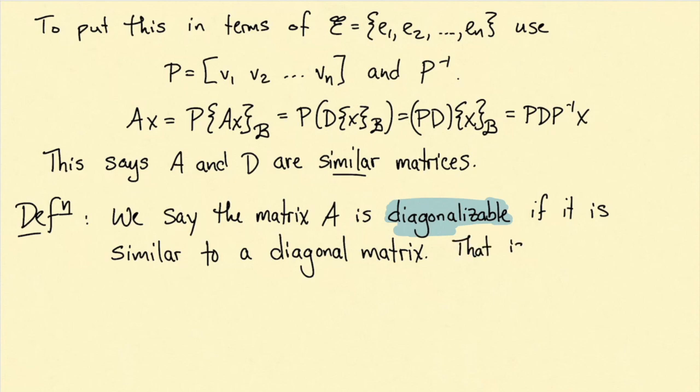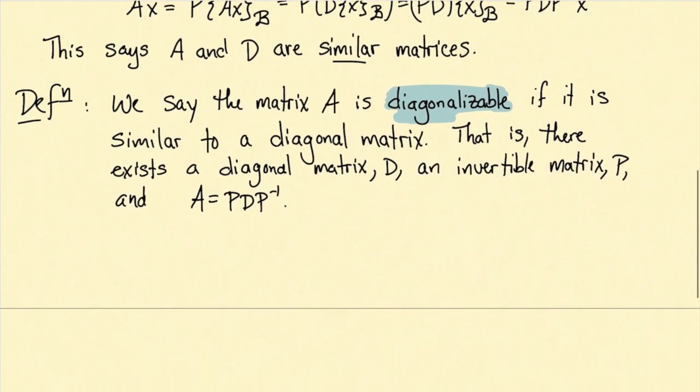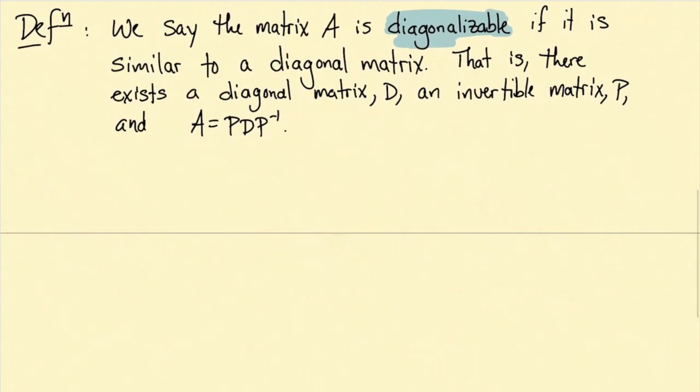Explicitly, this means there exists a diagonal matrix D and an invertible matrix P such that A is equal to P D P inverse. As we've seen, if R^n has a basis consisting entirely of eigenvectors of our matrix A, then A is diagonalizable.